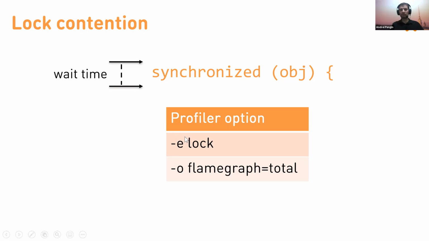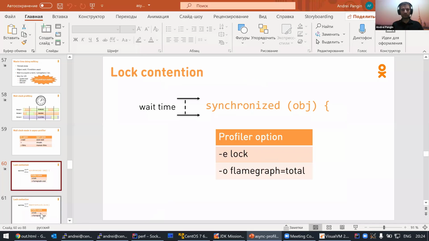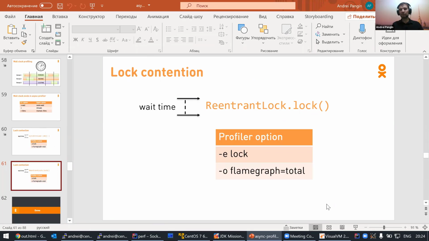You need to specify -e lock event, and the flame graph can be generated in two modes. By default, it will record each sample of lock contention. If I instead specify flame graph equal total, instead of counting samples, it will count the amount of time spent on acquiring locks. And the same is true not only for Java intrinsic locks, but also for reentrant locks from java.util.concurrent.